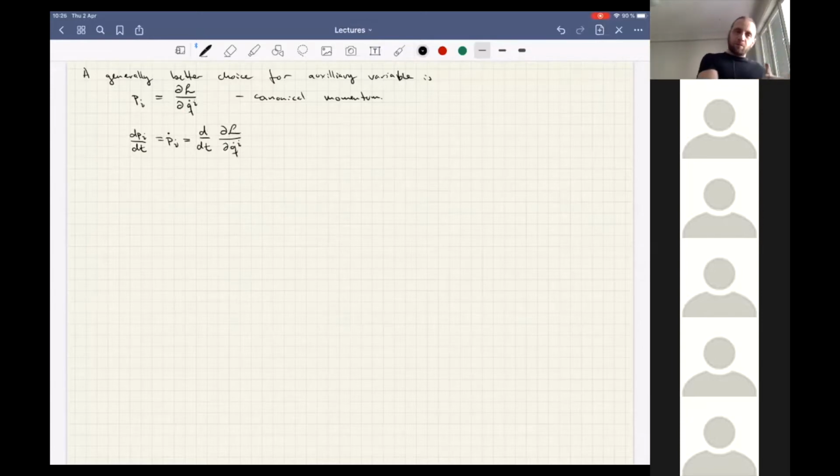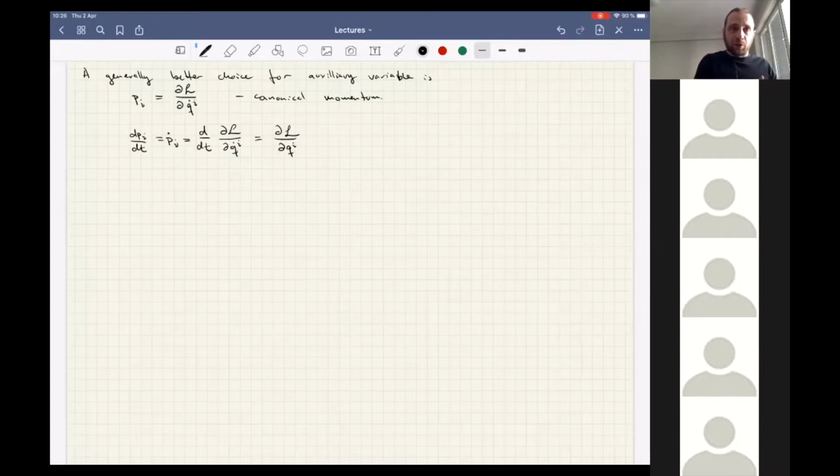But if you remember from Lagrangian mechanics, this is just a part of the Euler-Lagrange equations. And for the Euler-Lagrange equations to be valid, this must be equal to dL/dq_i. So this is one of our equations of motion in the Hamiltonian formalism.